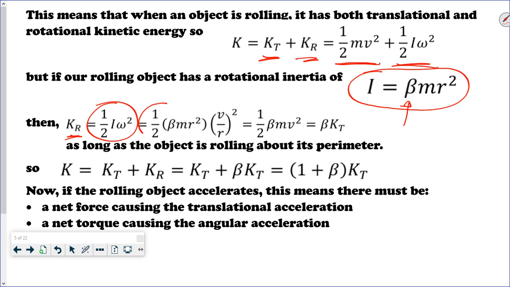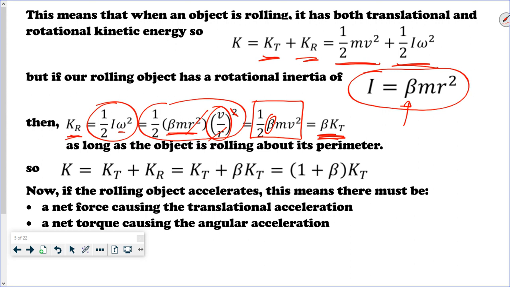So we're just going to substitute I in. And if it's going through smooth rolling, then our angular velocity is just V over R. Okay? So notice here, the R's cancel, and you get 1/2 beta times mv squared. Oh, well, that's just beta times the regular old kinetic energy. Okay? So this is huge.